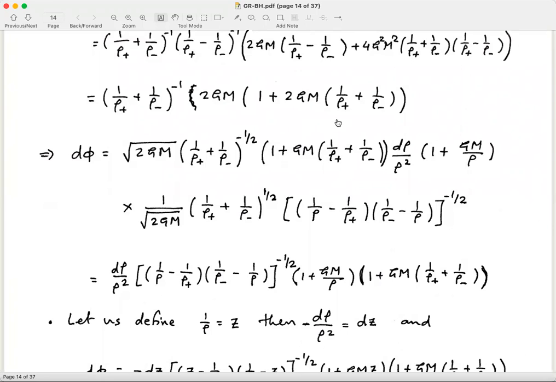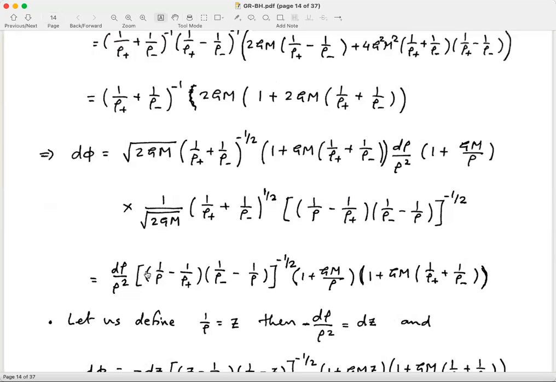There is a constant piece sitting around, which we will not worry about. We will just write it at the end, right here. Then there is a d rho squared upon rho squared into 1 plus gm by rho, which is this piece, and 1 over rho minus 1 over rho plus times 1 over rho minus 1 over rho, whole to the minus half, is a piece sitting around here.